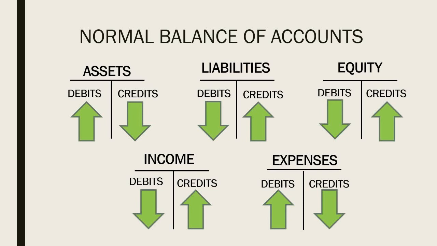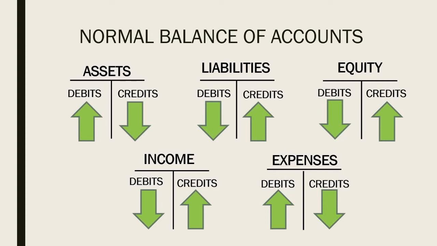Now, all of this could be mumbo jumbo to you. I don't understand. All I hear is debits, credits, left and right, right? All I hear is increase and decrease. It's okay. I just want you to understand the flow of this transaction, okay? Because what QuickBooks is going to do is it's going to do all of this for you without you seeing it.